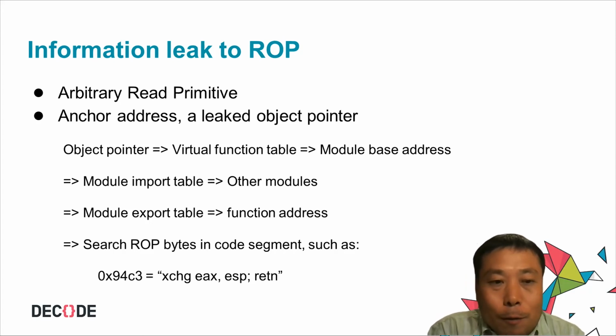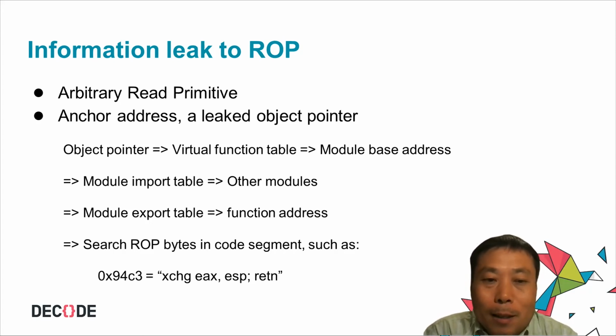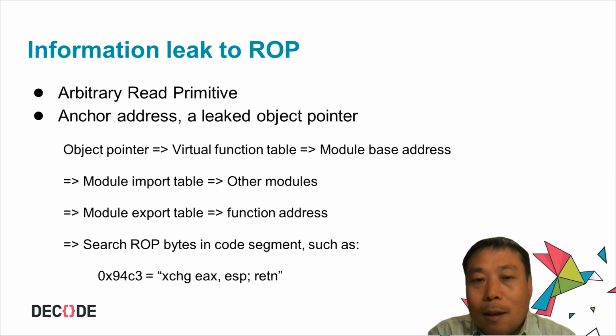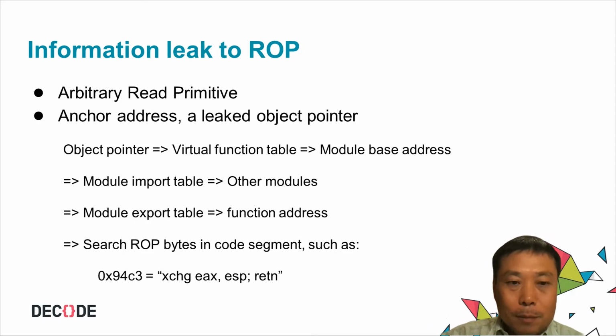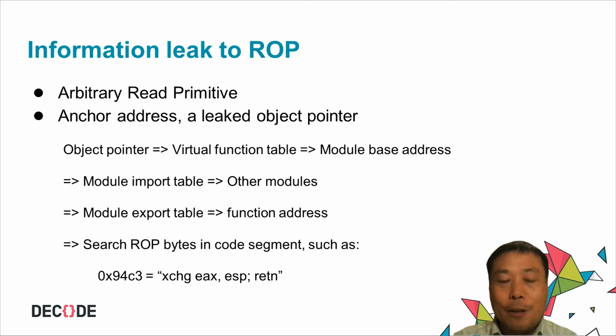And we can also, from the export function table, find the function address we want to use, like VirtualProtect or NtContinue. And we can also search for gadgets inside the code segment, like the stack pivot gadgets.